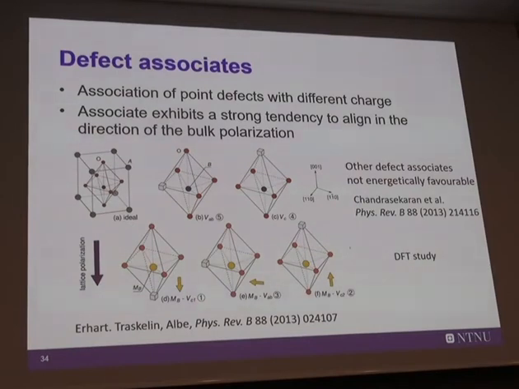If you then have the lattice polarization going in this direction, you will have three different situations. M on the B side here is the acceptor dopant. You then have a kind of polar or dipole dimer, either pointing down when you have the oxygen vacancy here, perpendicular to the field if it's in the AB plane, or here in the opposite direction of the polarization.